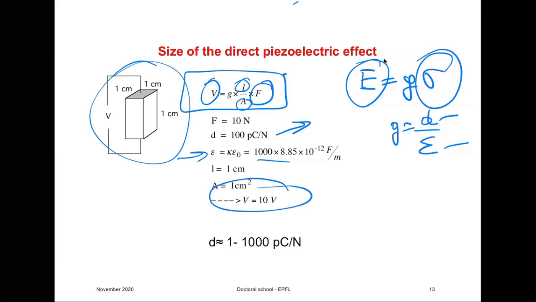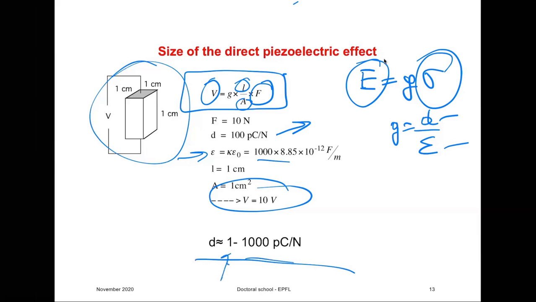And this you can easily do with your fingers. So if you take a PZT ceramic and you press it just hard with your fingers, you may generate 10 volts, which is a lot. Now the piezoelectric coefficients in practically important materials range from 1 picocoulomb per Newton to about 1000 picocoulombs per Newton.